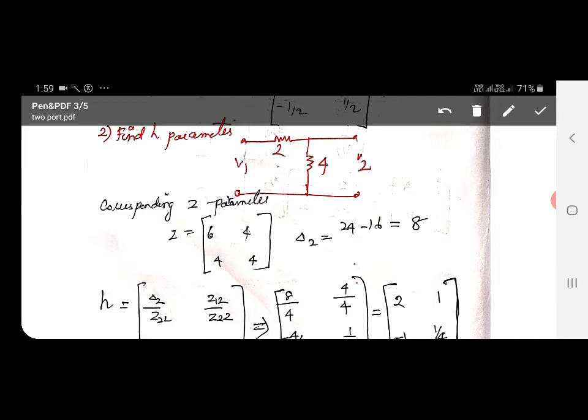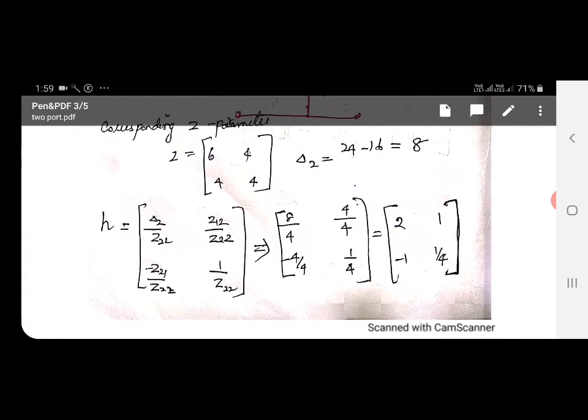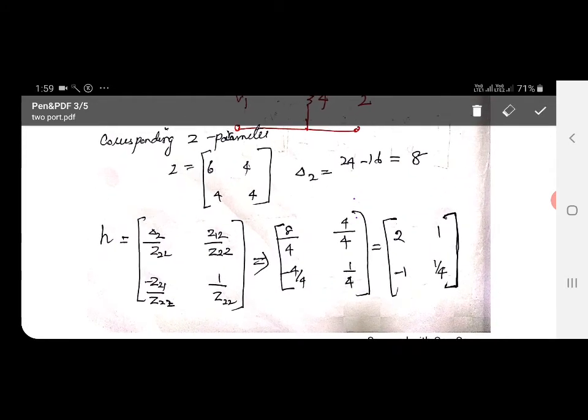Del Z is equal to 24 minus 16, which is 8. Then we know the reciprocity condition for converting the Z matrix into the equivalent H matrix, the hybrid parameters.